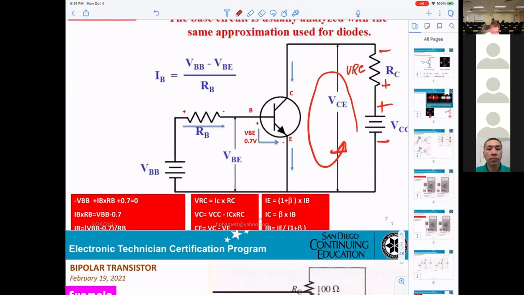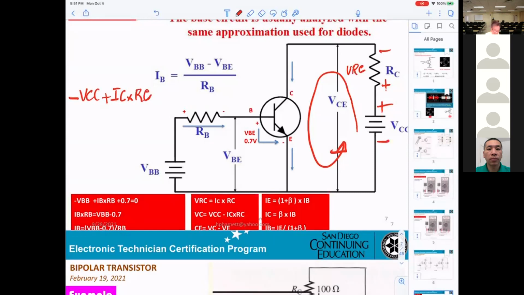VCE. Now, how do we draw the loop? First thing, the arrow goes to the negative. Then you get minus VCC. When you hit the RC, positive, negative, the voltage here will be plus IC times RC, correct?